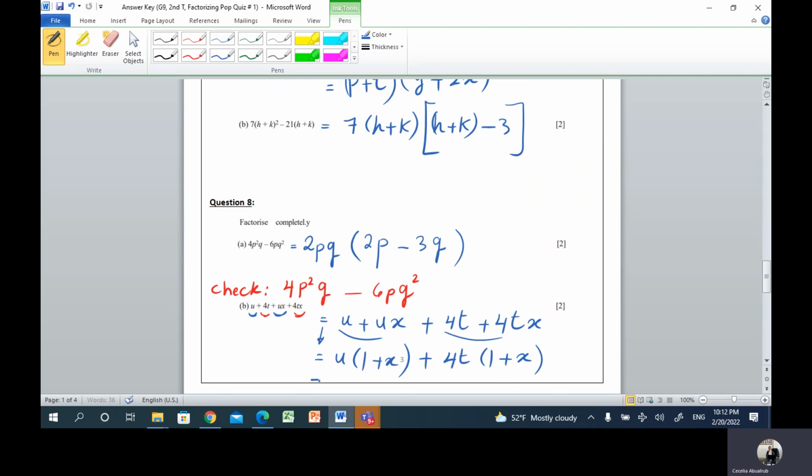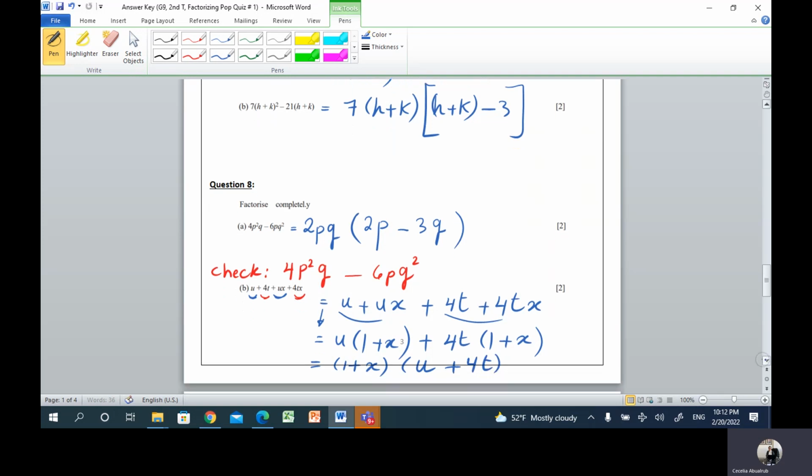Now 1 plus x is the common factor, so as an expression, we're going to write 1 plus x is going to come out, and what is left here, u plus 4t, and now the factorizing is complete.